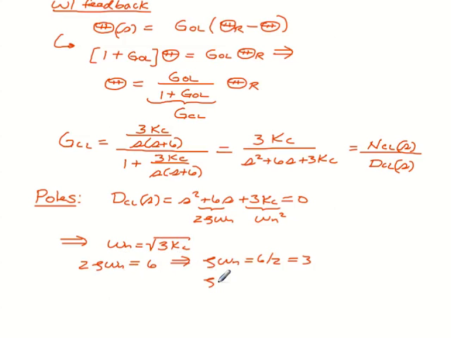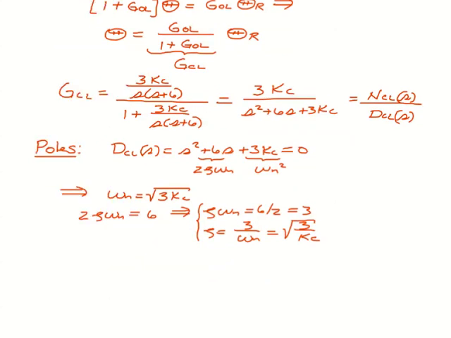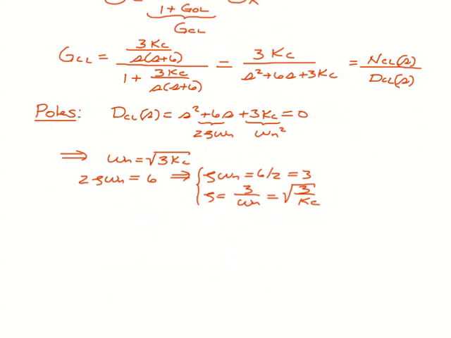And zeta, which is 3, therefore 3 divided by omega n, which is the square root of 3 over Kc, is that. So all this here is coming from just looking at the standard form of our denominator D of our transfer function.